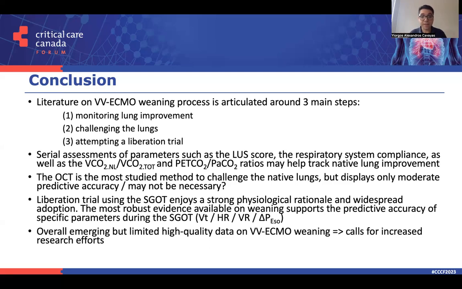The most robust evidence available on weaning supports the predictive accuracy of specific parameters at the 4th hour of the SGOT: tidal volume, heart rate, ventilatory ratio, and esophageal pressure swings. Overall, there is emerging but limited high-quality data on VV-ECMO weaning, which calls for increased research efforts.